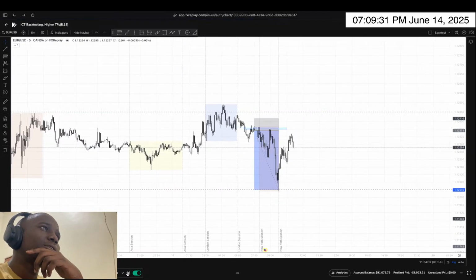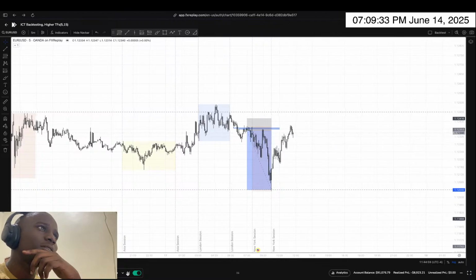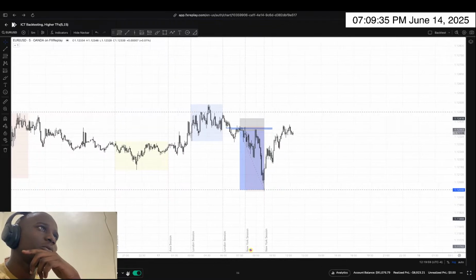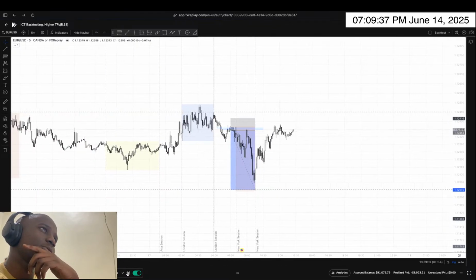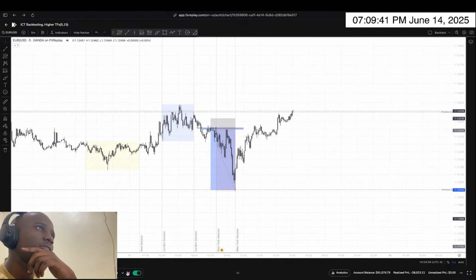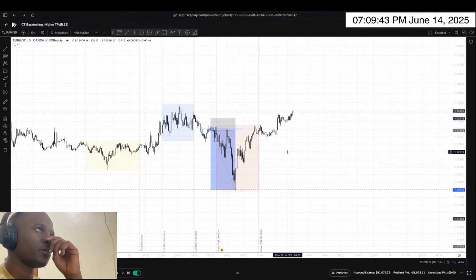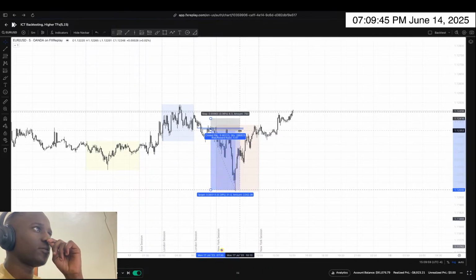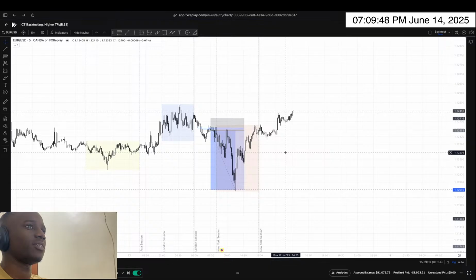Does it continue to drop? Well, I don't know, but what I can confirm is that it took out the previous day low, which means it was a key level of liquidity taken out. Good trade.